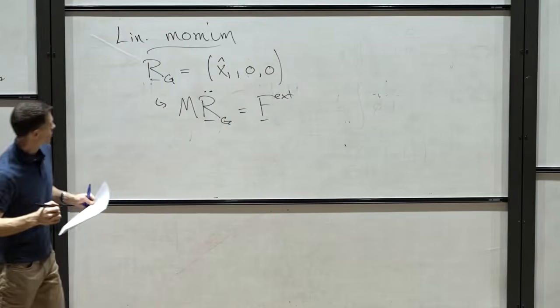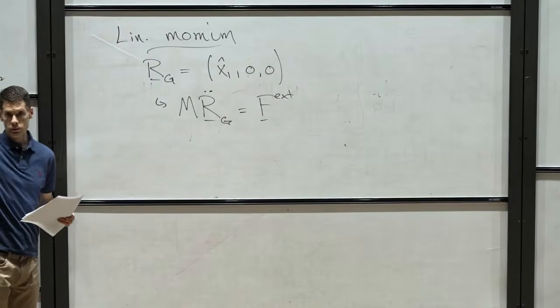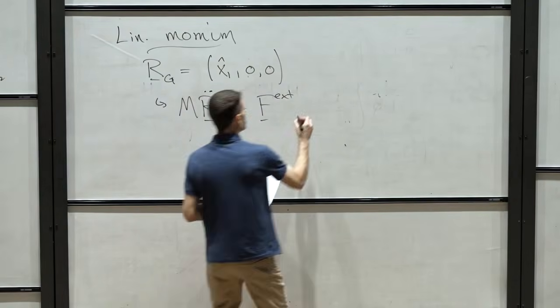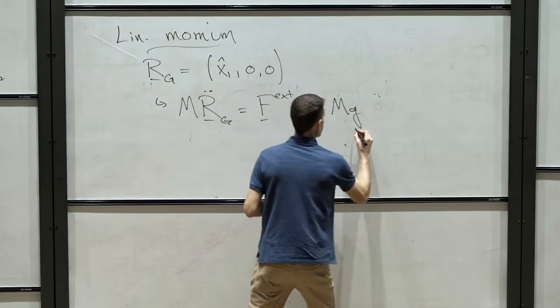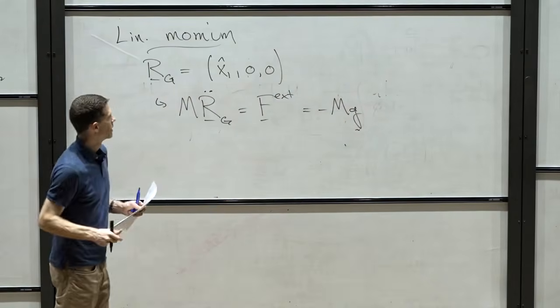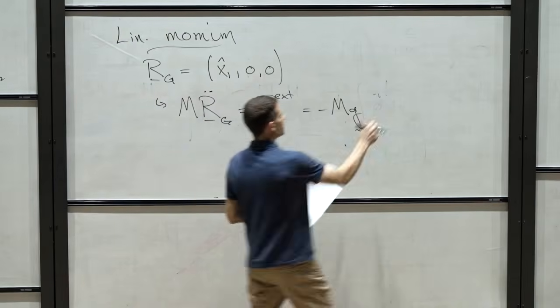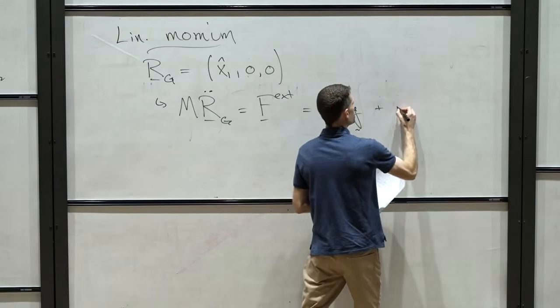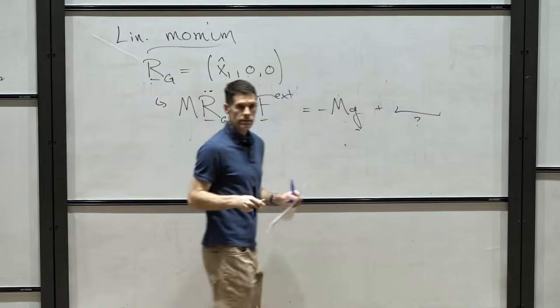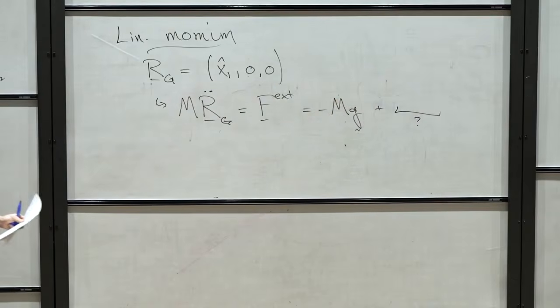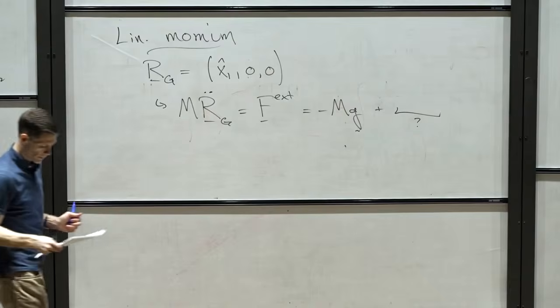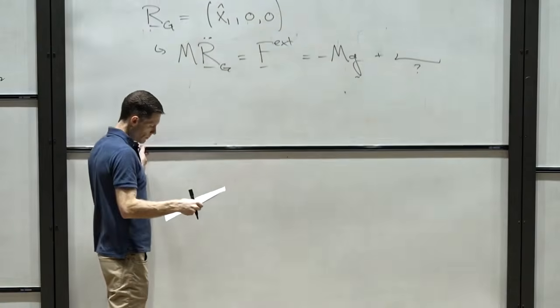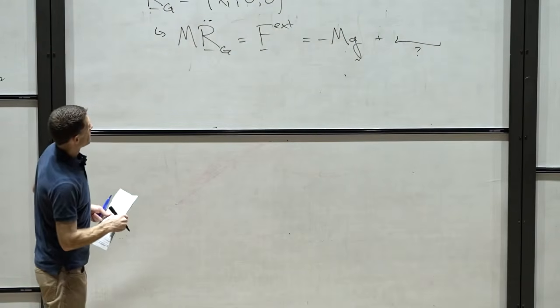And what external force do I have in this system? Okay, it's rolling, so it's gravity. Gravity is minus mg. Put that as a vector for the moment. And then here's the tricky bit. I'm going to leave this as a plus maybe other stuff. There is a reaction force from the surface. In fact, there's another force we need to be careful about. So let's leave that for the moment.